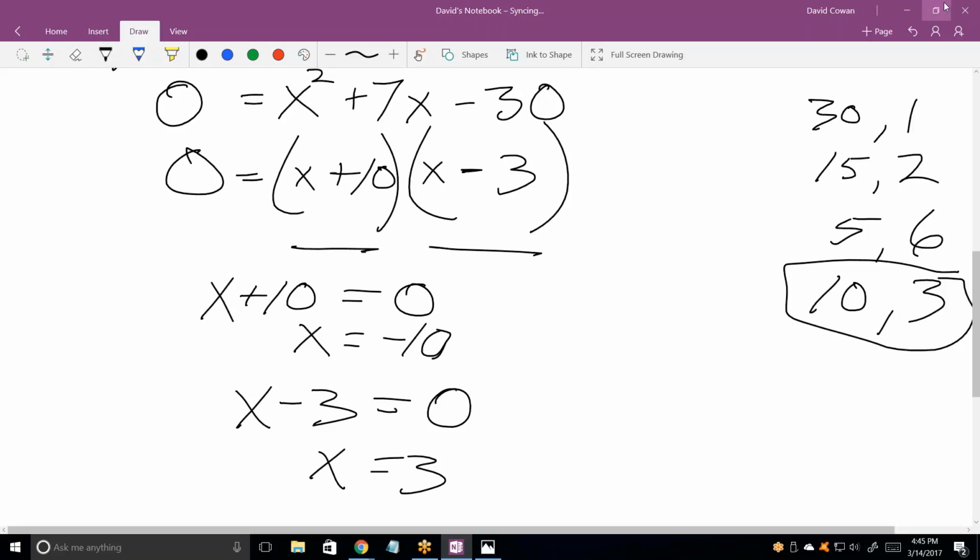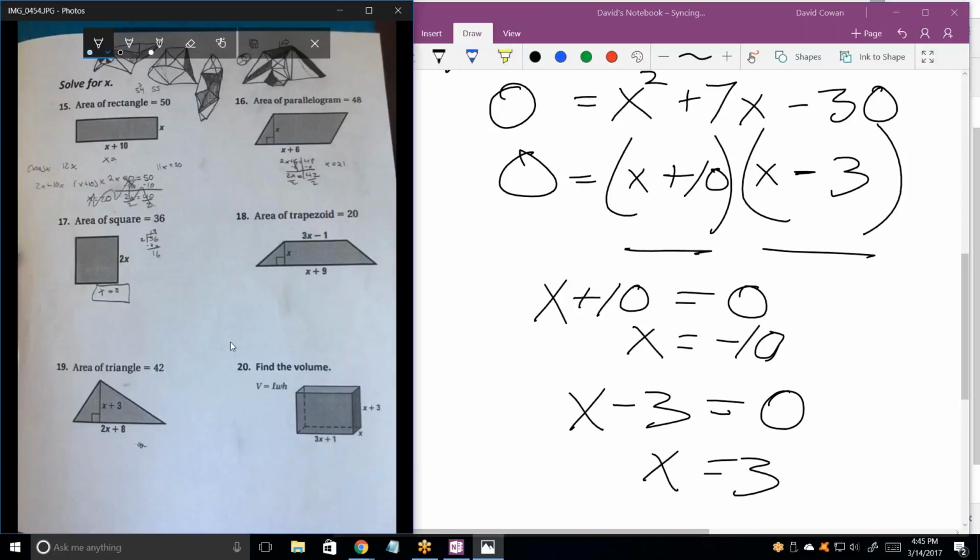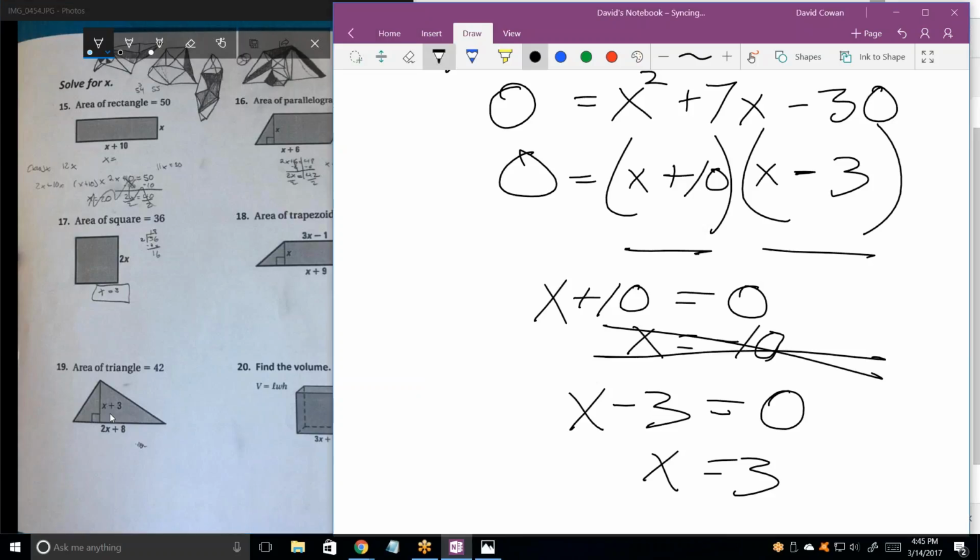Okay. Now, again, this problem was number 19. X equals minus 10 doesn't work, right? The height of that triangle, or the base for that matter, has to be a positive number. So in other words, I'm going to cross out that solution. That's called an extraneous solution.